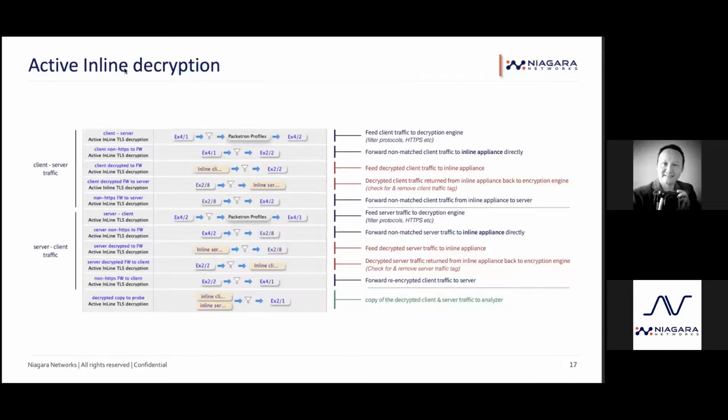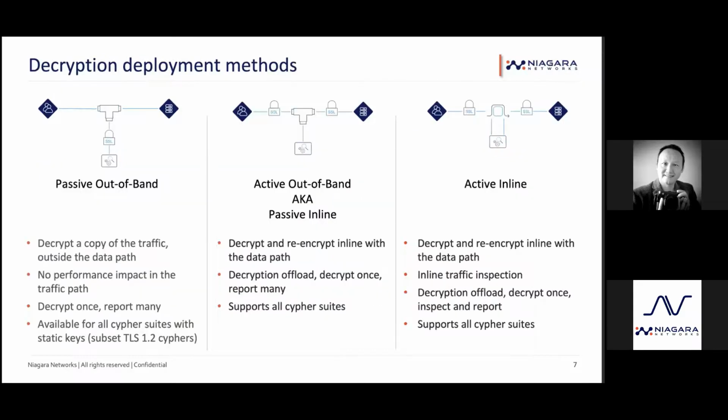So 3 deployment methods, and all 3 can be used for decrypting the traffic: either a full passive out-of-band deployment, an active out-of-band deployment, or an active inline deployment.